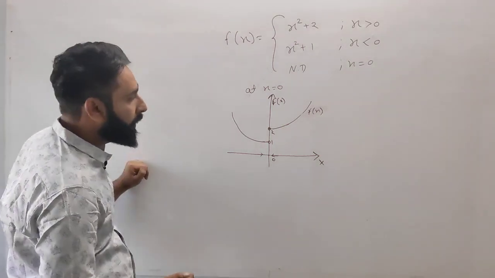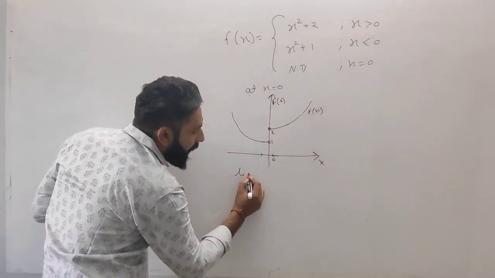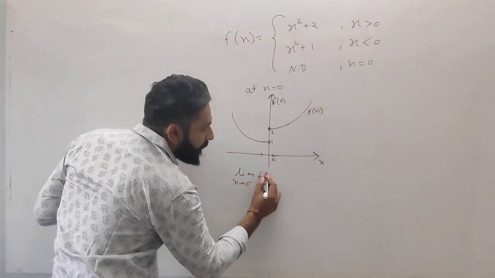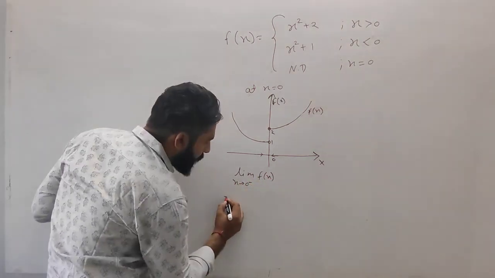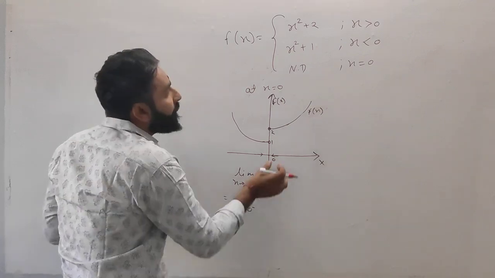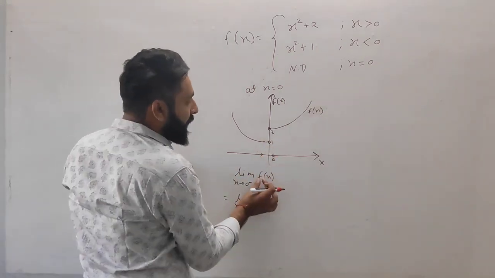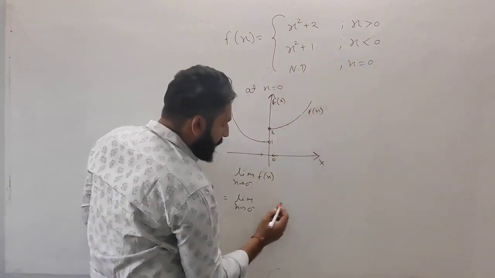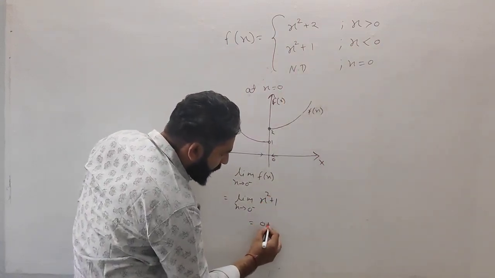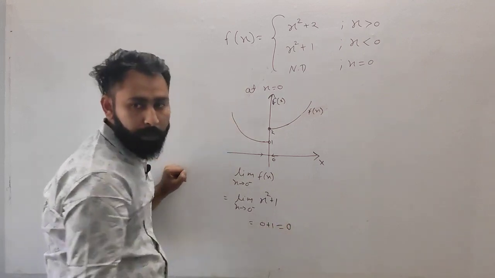So we say that limit x tends to 0 minus of the function f of x is equal to limit x tends to 0 minus of the function, which function we use, x is less than 0, so x square plus 1. So simply we put the value 0 plus 1 is equal to 1.